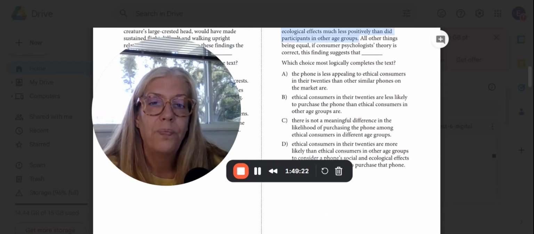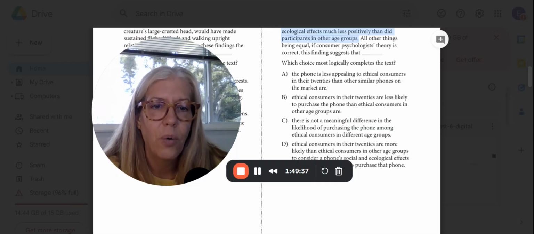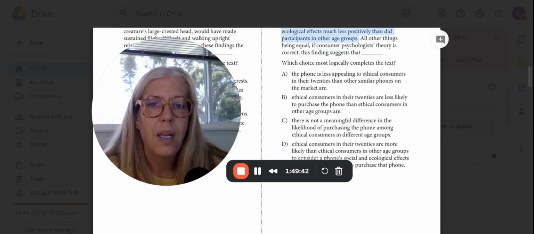So that's not true. If I was going to look between A, I like A. The phone is, no. The phone is less appealing to ethical consumers in their 20s? It wasn't about the phone. It was about ethical consumers in their 20s are less likely to purchase the phone than ethical consumers in other age groups are. Yes, that's what it is.